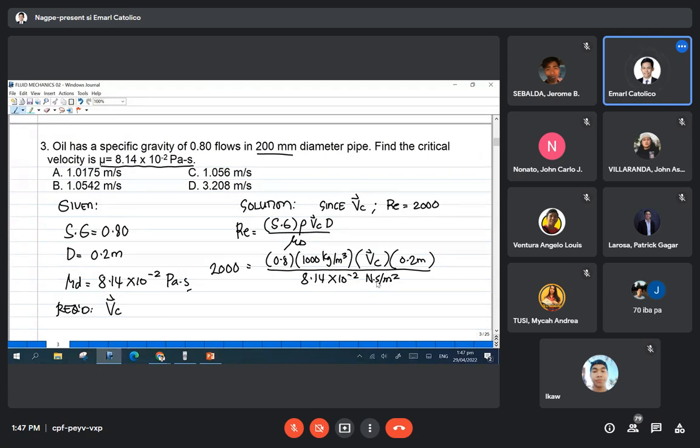Cancellation of units: Newton is kilogram meter per second squared. Kilogram cancels, and the meters cancel, so the unit we get is meters per second.